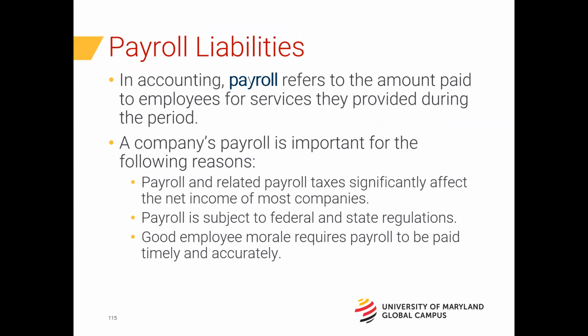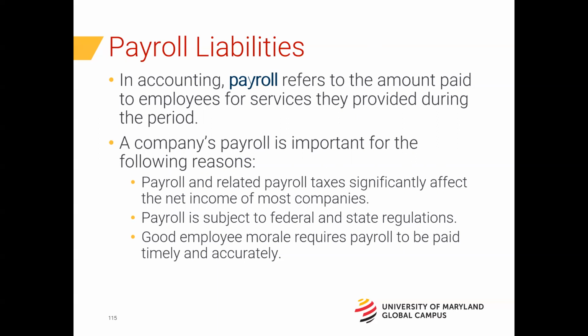Another example of a current liability is a payroll liability. We accrue payroll expenses, and then we pay our employees later, right? That's a payroll liability. Related to that is payroll taxes, state and federal taxes, state and federal unemployment insurance expenses.